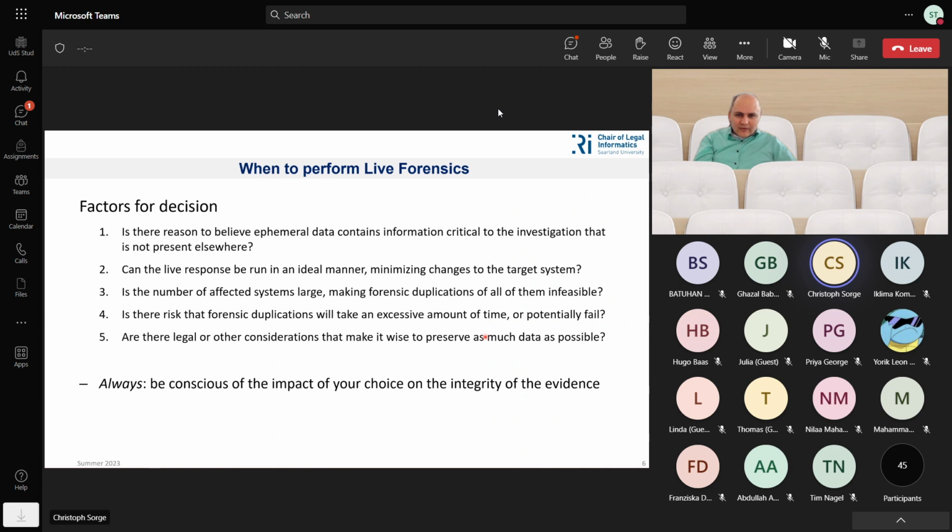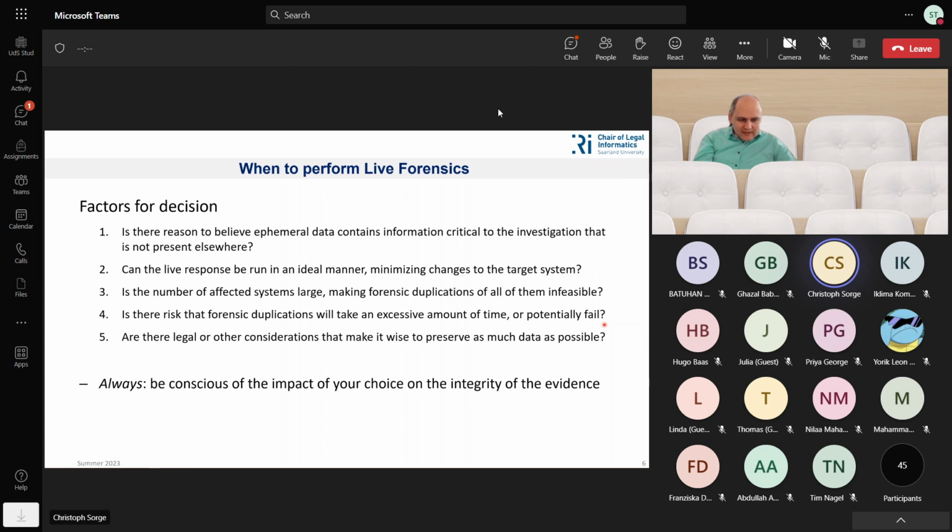What data are you allowed to investigate? Are you allowed to do a full offline investigation, or maybe the client wants to sit next to you for maybe half an hour and check what you're doing, but might not want to allow you to take the entire hard drive. So these are important factors for the decision.